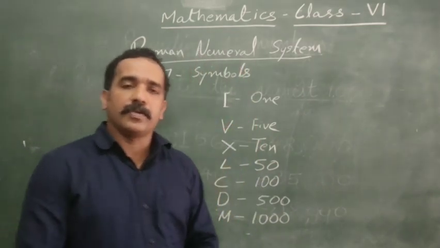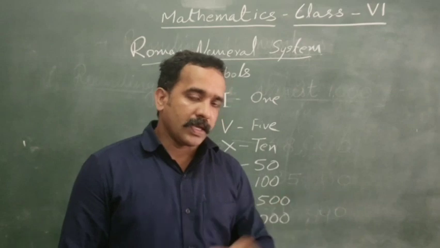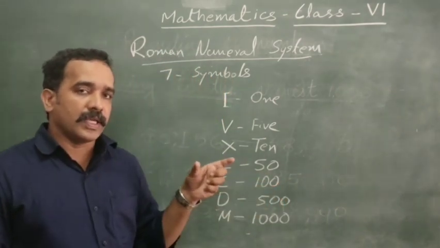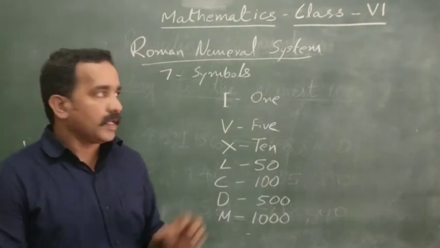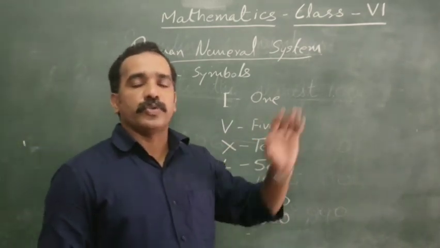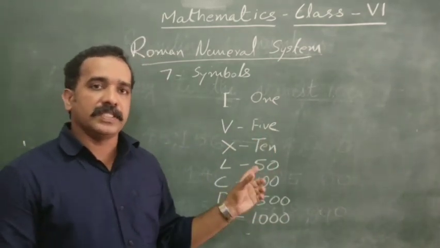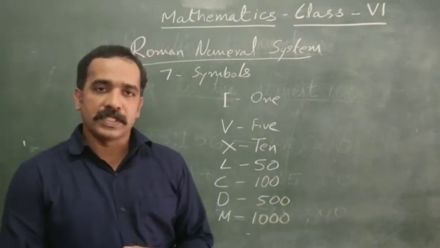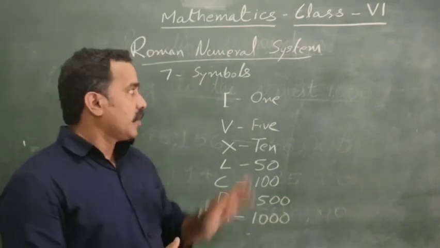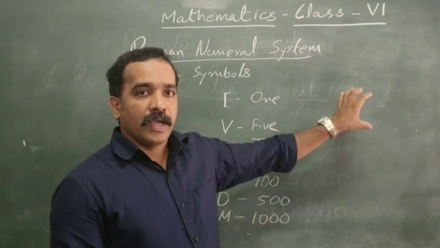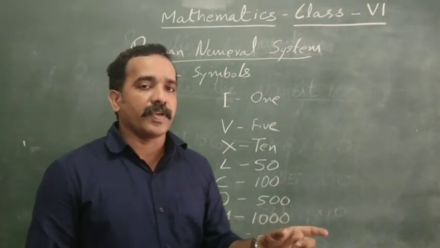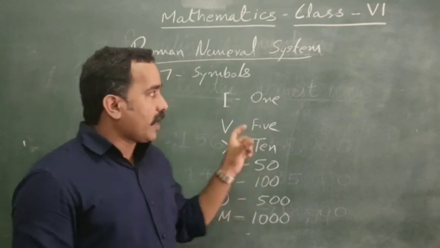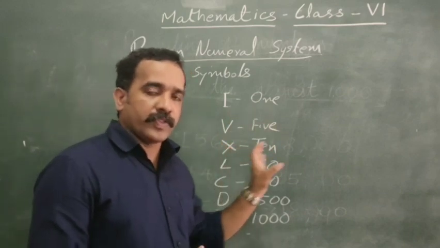Using the Hindu-Arabic numeral system, when we are making numbers, we follow the Indian place value system or the international place value system. There you know how to use the digits to form numbers. When we are placing a digit in a number, each digit has a place value, and according to that place value we read the number.